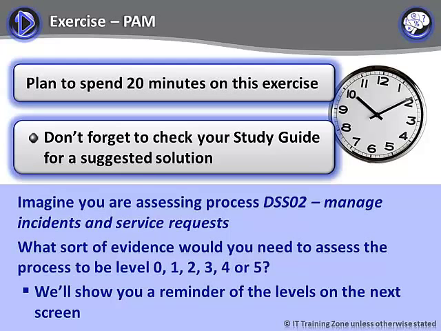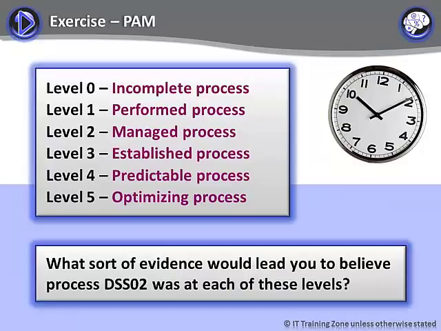We'll show you a reminder of the levels on the next screen. You can see the process capability levels here. What sort of evidence would lead you to believe process DSS02 was at each of these levels? For example, if users rang anyone they knew in IT support to get something fixed and nothing was documented, you might rate that as level 0.